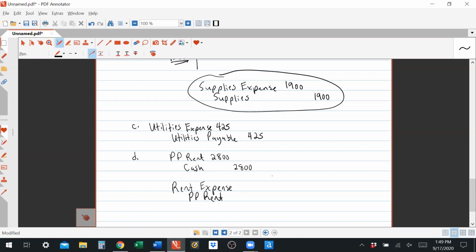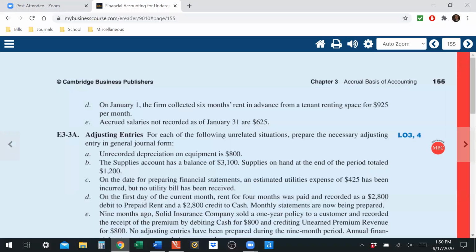What is 1 month's worth of rent expense? So this is day 1 of the month. This is last day of month. We're paying 2,800 for the right to occupy the space for 4 months.